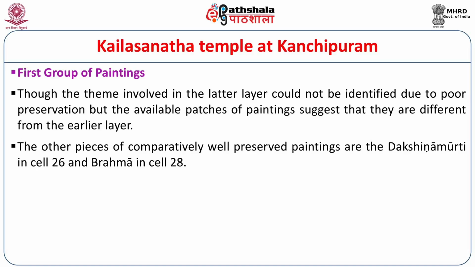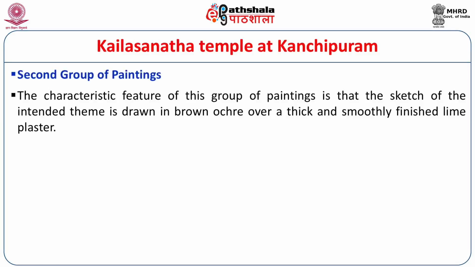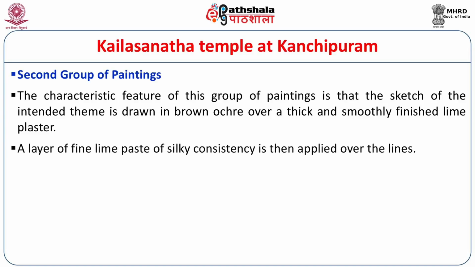In the second group of paintings, the characteristic feature is that the sketch of the intended theme is drawn in brown ochre over a thick and smoothly finished lime plaster. A layer of fine lime plaster of silky consistency is then applied over the lines.